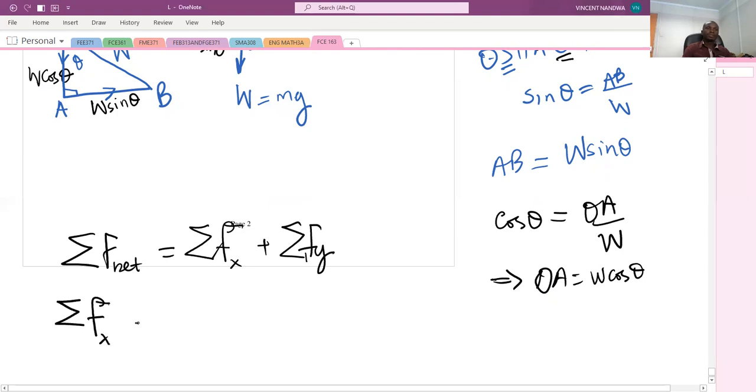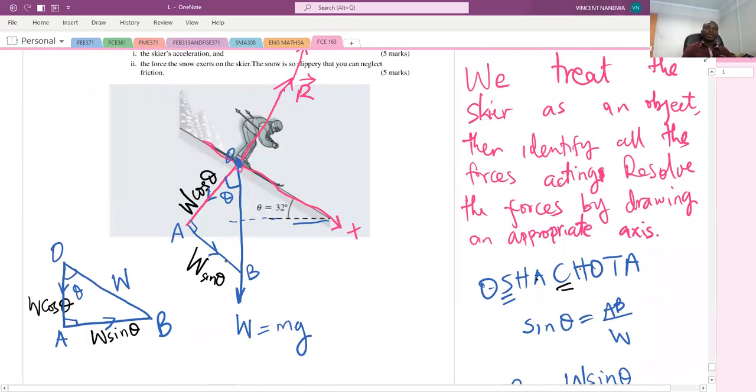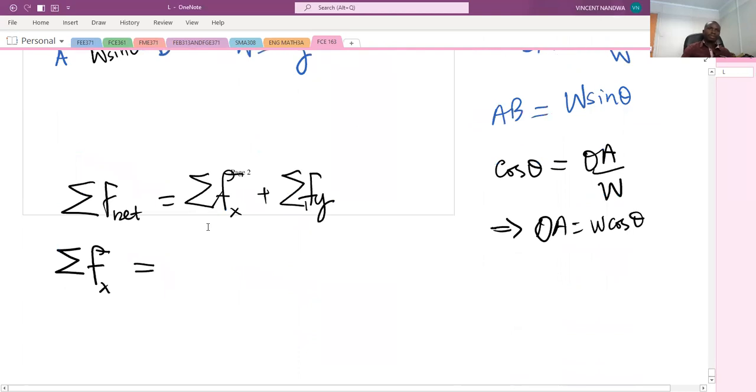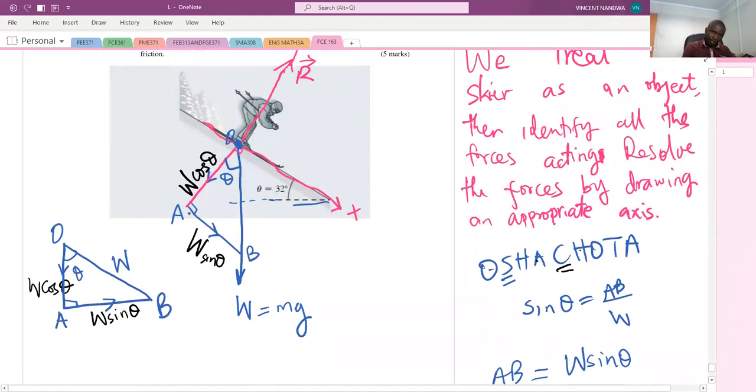In this diagram, this is the only force acting in the X direction.